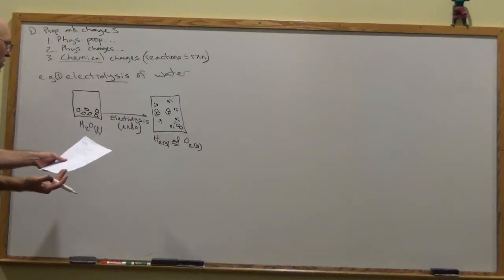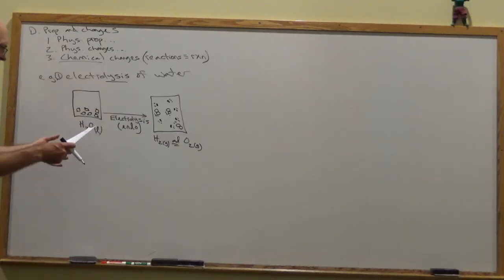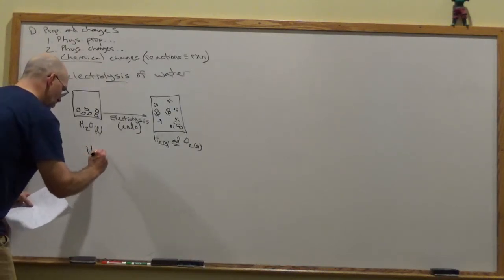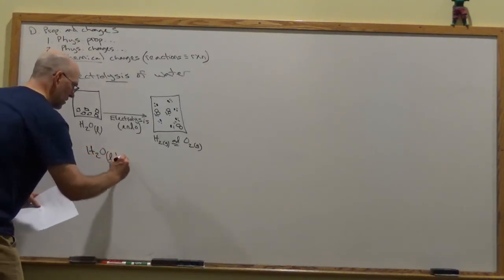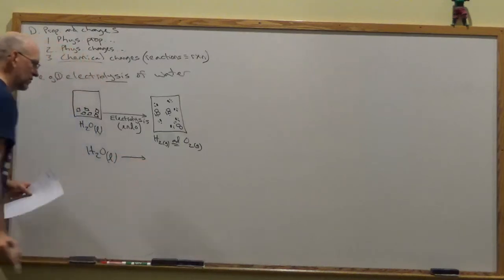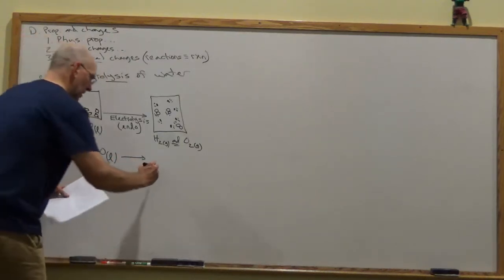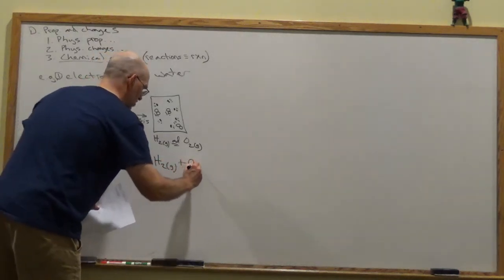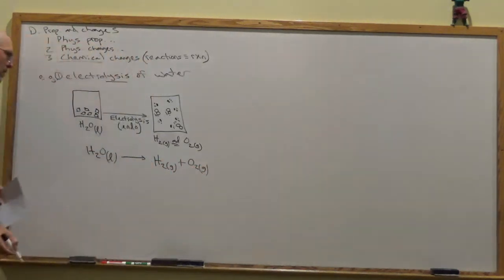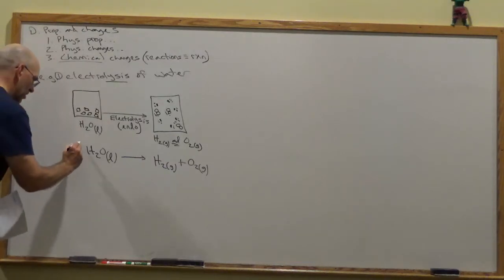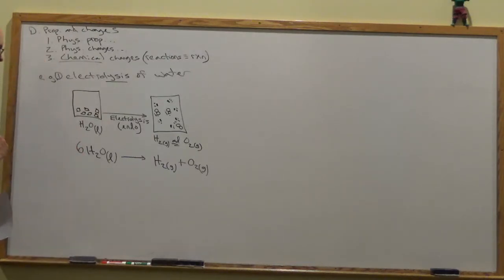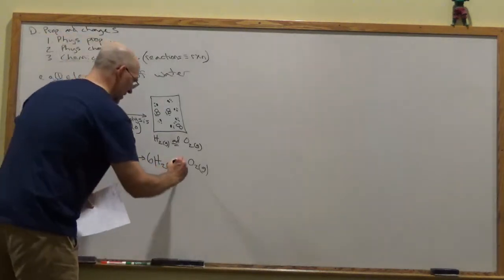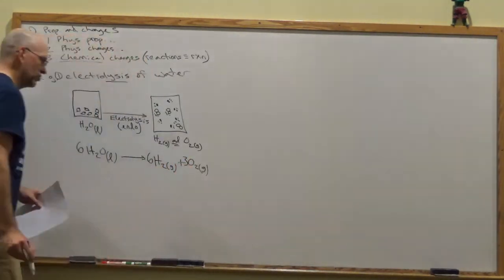Okay, so the way we symbolize this more chemically is we say H2O liquid reacts to produce, that's what the arrow means, H2 gas plus O2 gas. And let's just write the numbers in front. We're starting off here with 6 water molecules, and we're producing 6 H2s and 3 O2s.